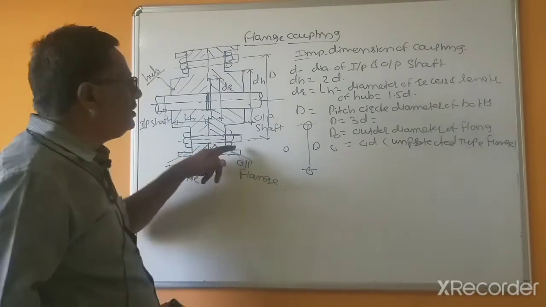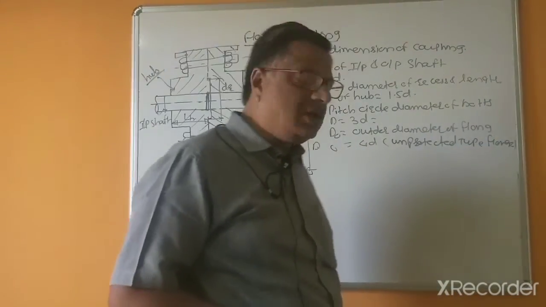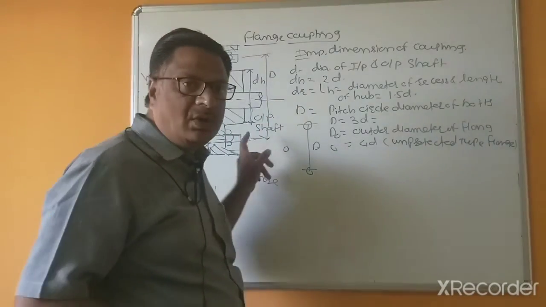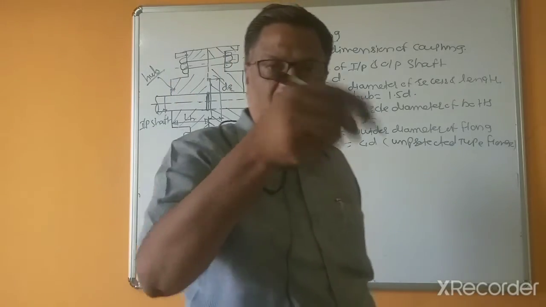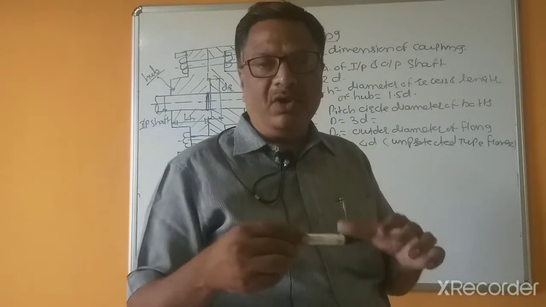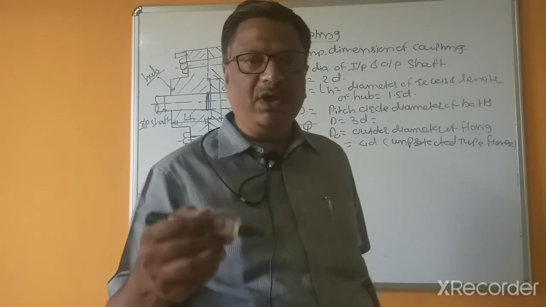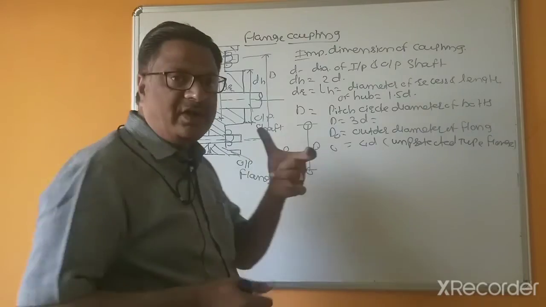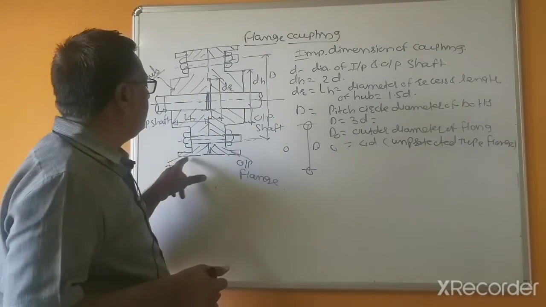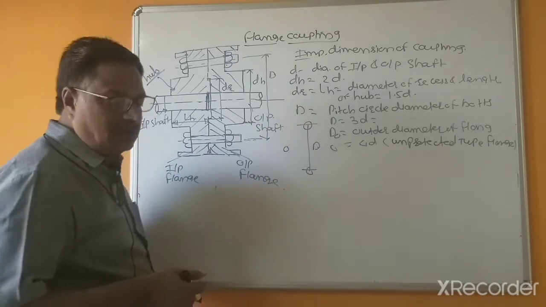What is the use of these rims? During the operation, during the running conditions of the coupling, if any bolt breaks, that bolt may come out, and there are chances of an accident for the operators working in the environment of the coupling. So to avoid that, a rim is provided on both sides.